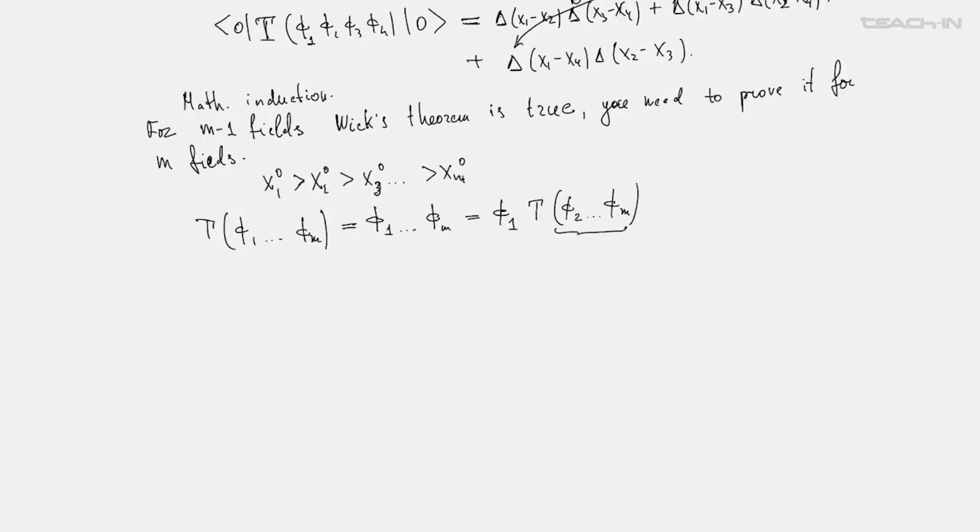Now we can apply Wick's theorem to these m minus 1 fields, which are under the time ordering, and that will give me the following. So phi 1 I split into creation part and annihilation part, and this time ordering will produce for me just the normal ordered fields phi 2, phi m, like this, plus all possible contractions of the fields, not involving phi 1, simply because phi 1 is absent among these fields phi 2 and so on to phi m.